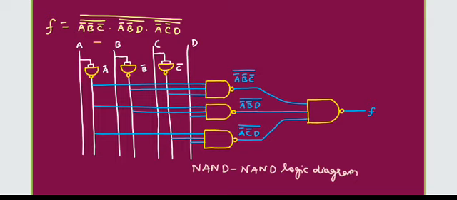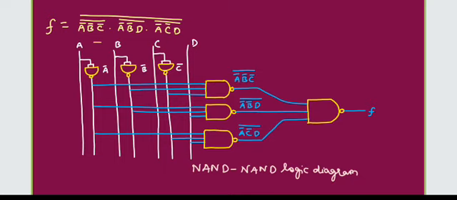Now to get the first term, what is the first term? A bar B bar C bar whole bar, right? To get the first term, I used one NAND gate, the first NAND gate. To that NAND gate, what are the inputs given? A bar, B bar and C bar are applied to the NAND gate, and the output we get is A bar B bar C bar whole bar.